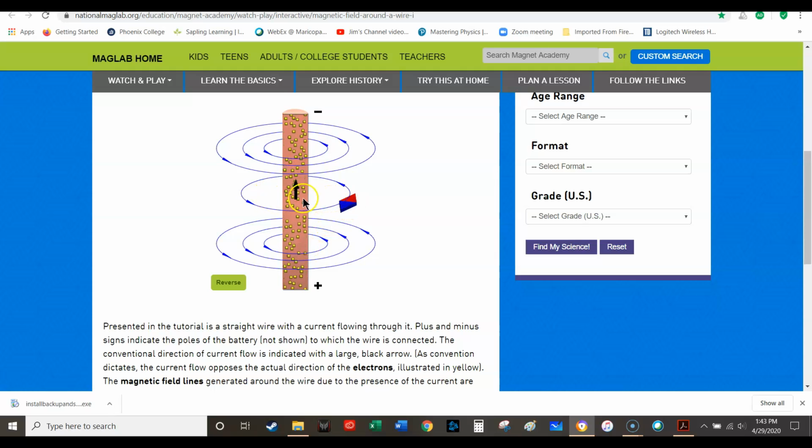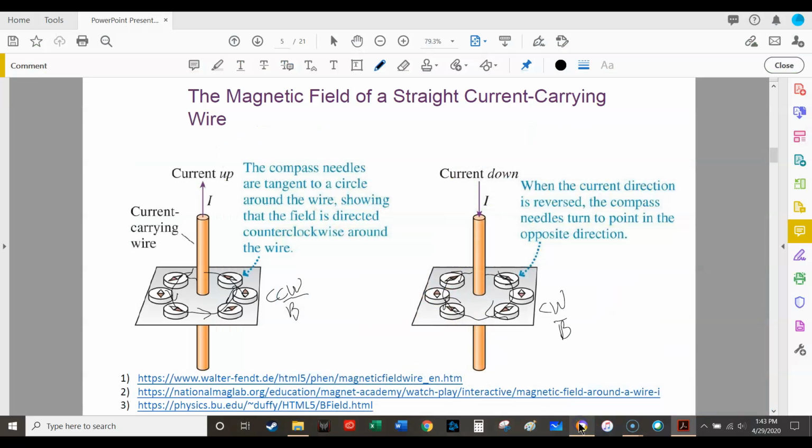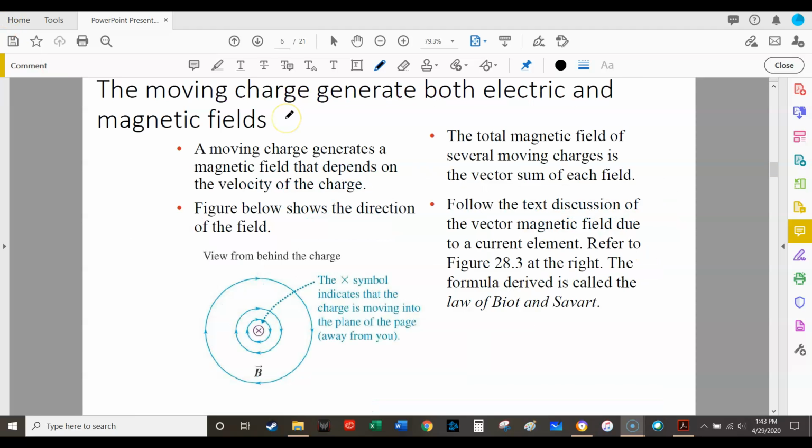And also the 90-degree angle, which is this plane right here, to the magnetic field. And that magnetic field is around that current carrying wire. Well, we could actually make a rule for this. This is actually called the right-hand rule, which we'll talk about in a second.